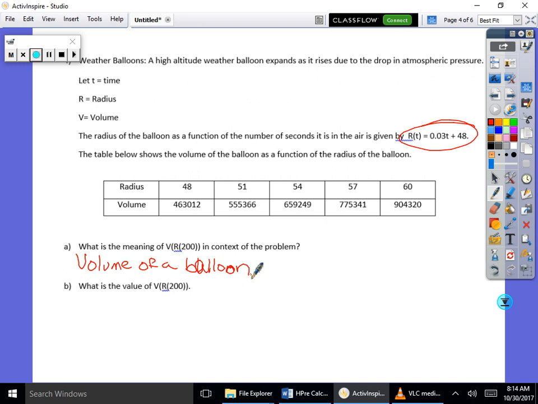No. Volume of a balloon at 200 seconds. Well, because, remember, this is really V of R of T, right? Because they have a T here, and T is time. Cool? All right, so first thing I'm going to do is they've given me, yes.